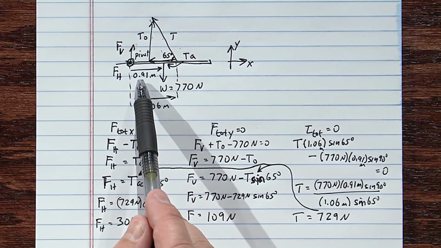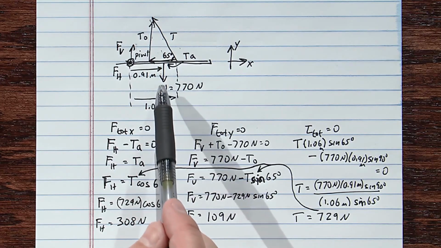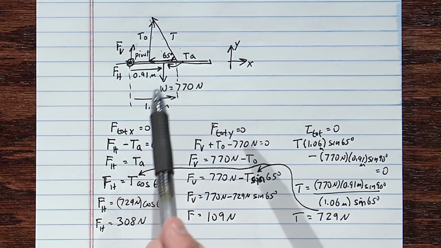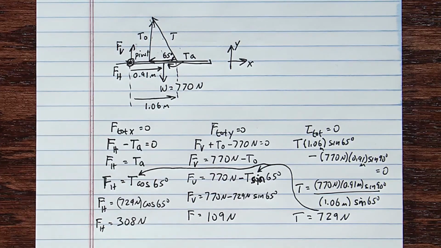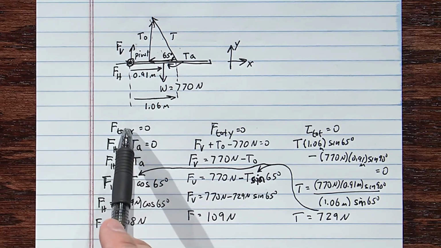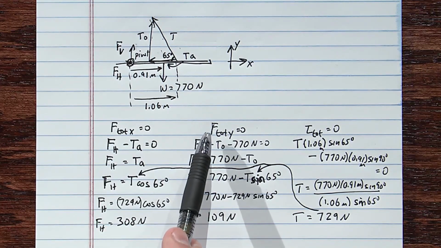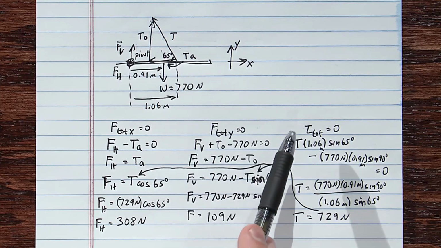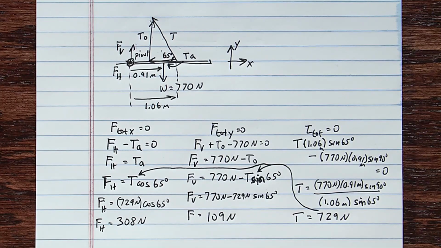We knew the location where the forces were applied, and we identified this as an equilibrium situation, which meant that we could write total force in the X direction as 0, total force in the Y direction as 0, torque total 0, which gave us these equations right here, which means that we modeled the situation, and then we just solved our model to get our answers.